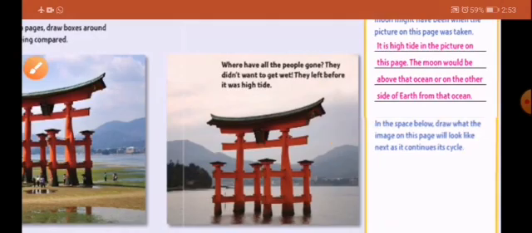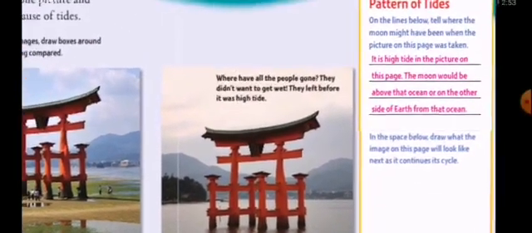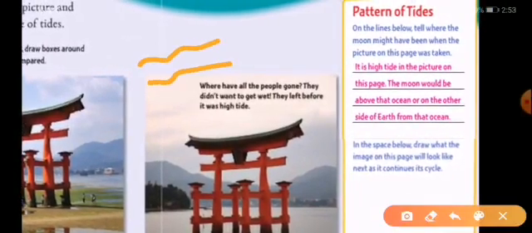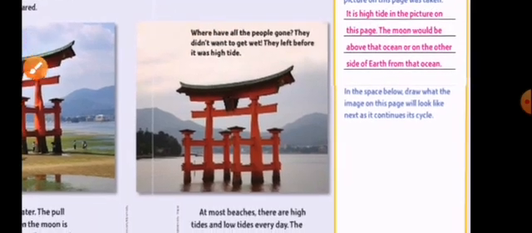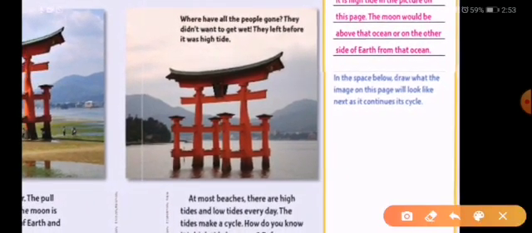As we say that if the moon is above the ocean, it will be high tide, and also on the opposite side of the earth. Very well.